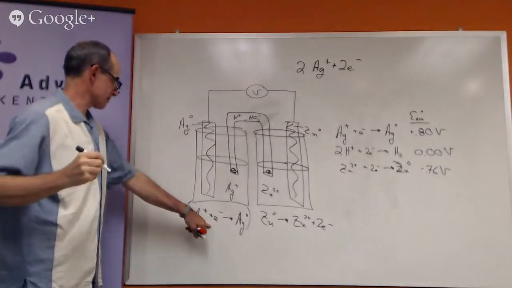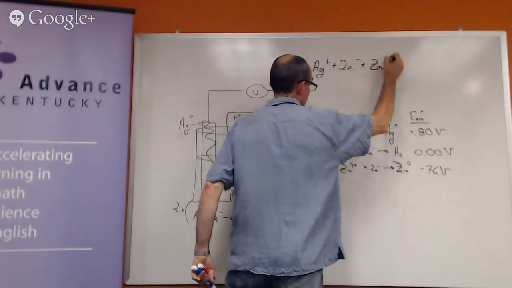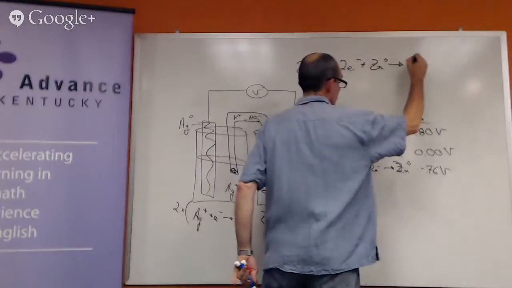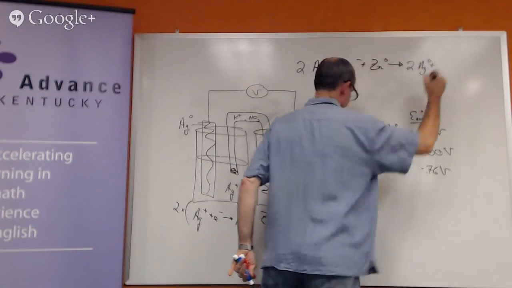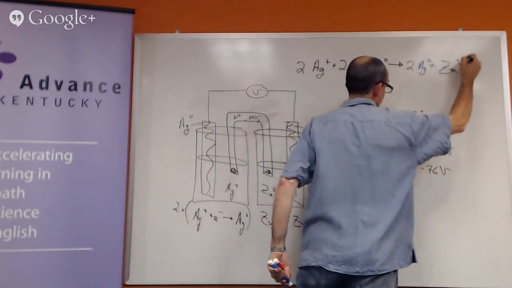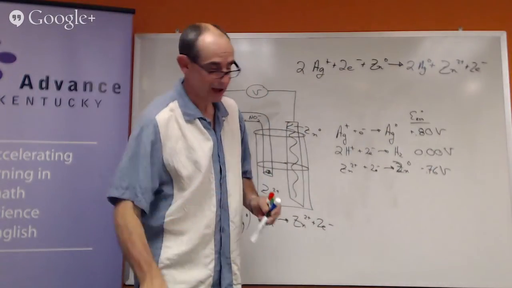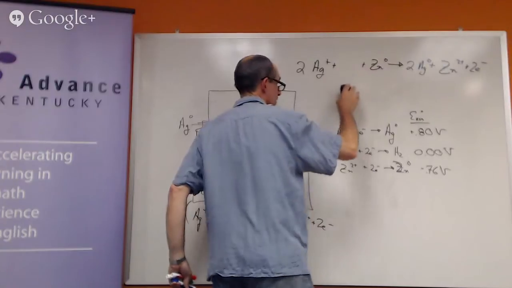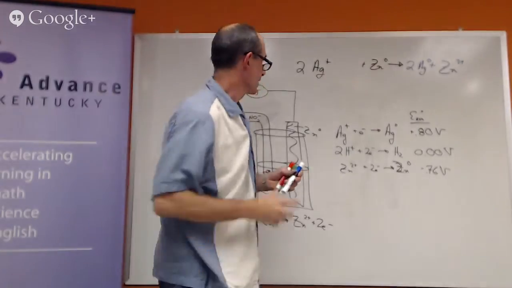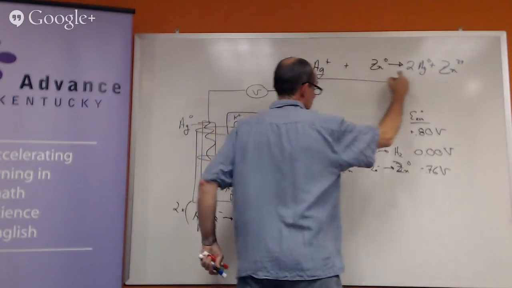Those are my reactants from over here, plus 1 zinc atom, becoming 2 silver atoms plus 1 zinc ion plus 2 electrons. And of course, I better have the same number of electrons on both sides, so I'll just go ahead and erase them. Not really spectator ions, but electrons. And this is my net ionic equation.